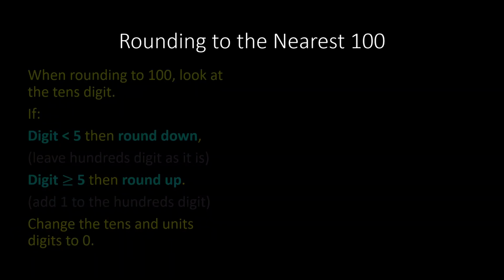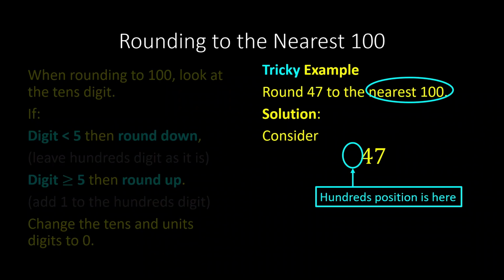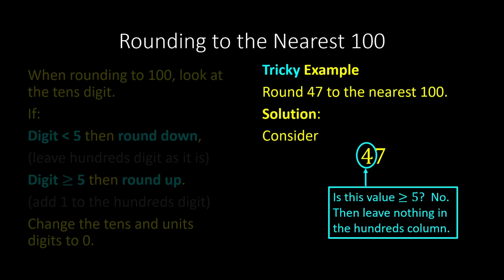Let's now take a look at a tricky example. We are required to round 47 to the nearest 100. So let's consider 47. Notice that the hundreds position is here, and there's nothing placed in the hundreds position. So therefore we now ask ourselves, is the value next to it on its right greater than or equal to 5? Clearly 4 is not greater than or equal to 5, therefore we leave nothing in the hundreds column.